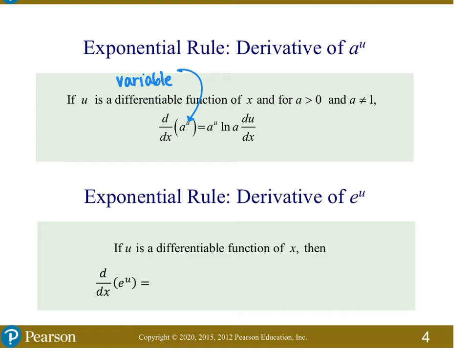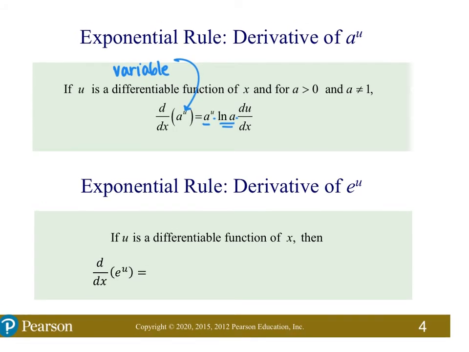And so the rule is a to the u times the natural log of whatever the value of a is, times essentially the chain rule of the derivative of whatever the power is. So if we apply this rule, we'll come up with the derivative of e.